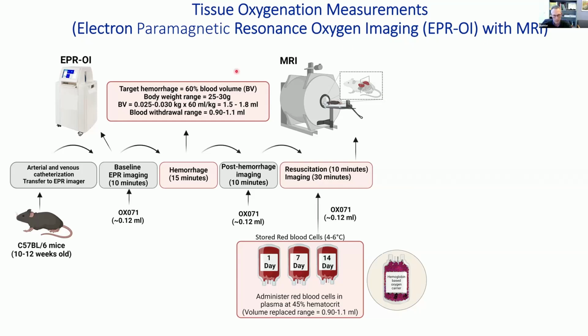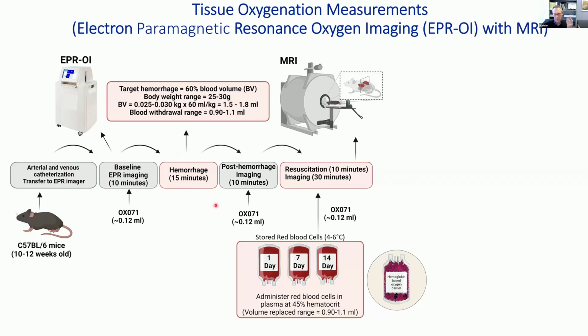And basically the model that we've set up is doing a fairly extensive catheterization in mice, and then being able to transfuse these mice by first doing basal imaging by EPR, then hemorrhaging animals for approximately 15 minutes.